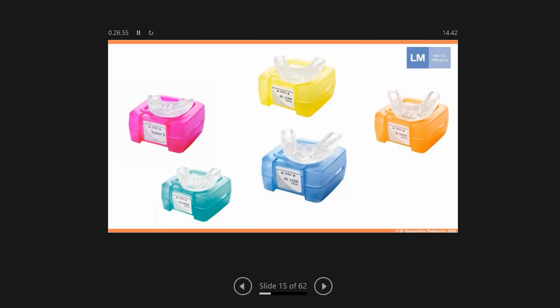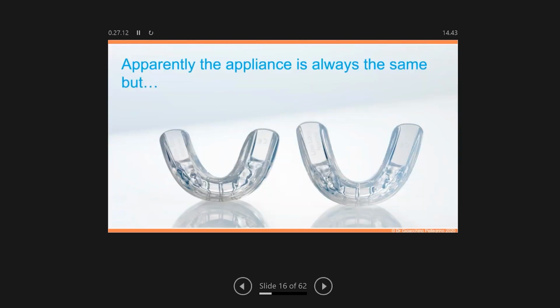And so this is the reason for which we can find different boxes of different colors, because each color is strictly connected with a specific morphology of each appliance, so that we have short appliances and long appliances.